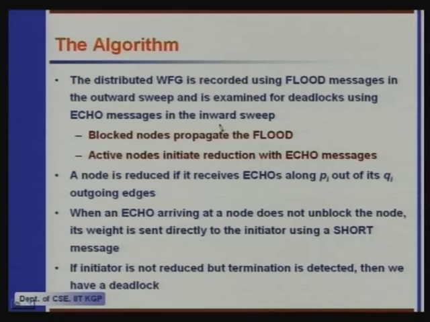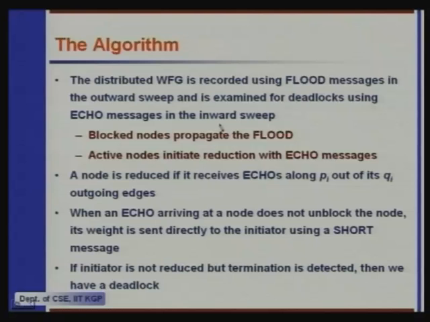The initiator of the deadlock detection algorithm will send out a wave of flood messages. Okay. When the flood messages are received by individual nodes, they will try to see whether they can reduce, right. The node which does not have any outward dependencies will immediately reduce, right.